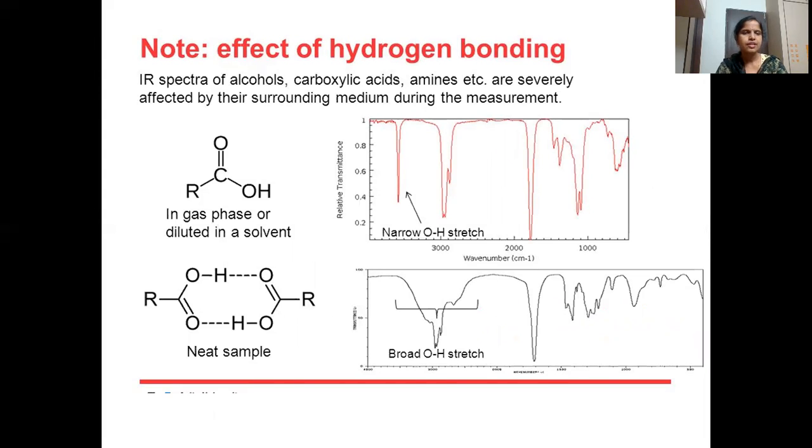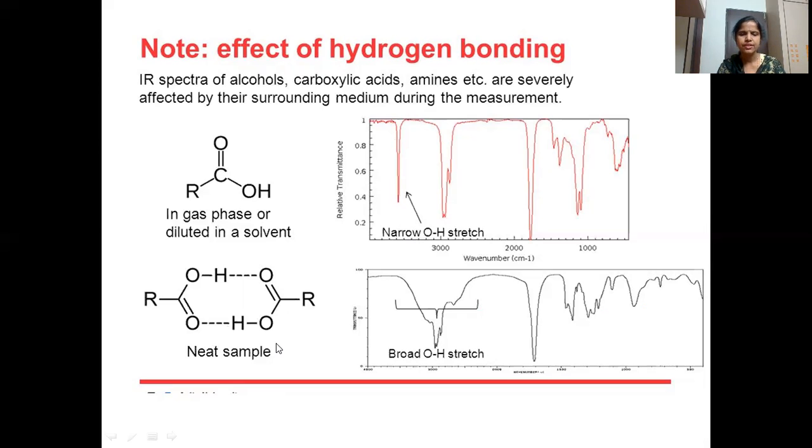Then you can see another example of carboxylic acids. Hydrogen bonding we generally see in alcohols, carboxylic acids, amines, etc. They are all affected by hydrogen bonding. For the carboxylic acid in the gaseous phase, you can see the narrow OH stretching vibration.